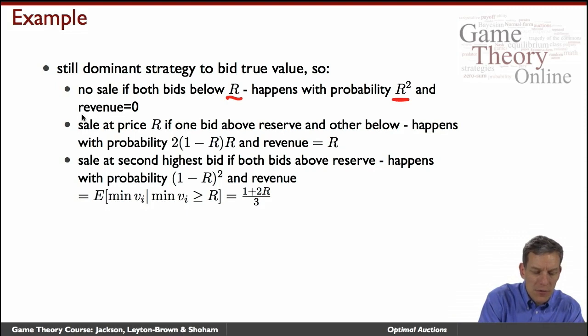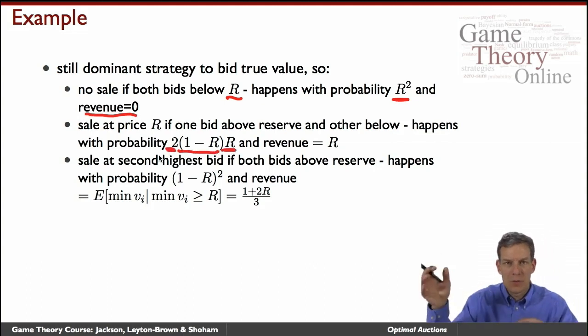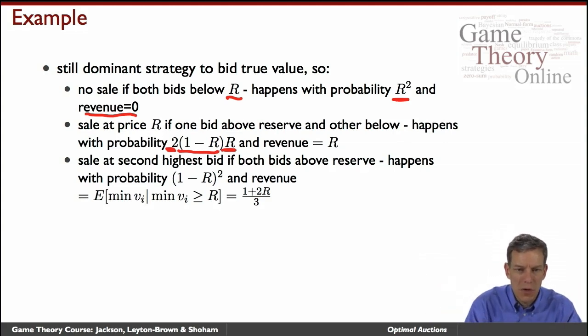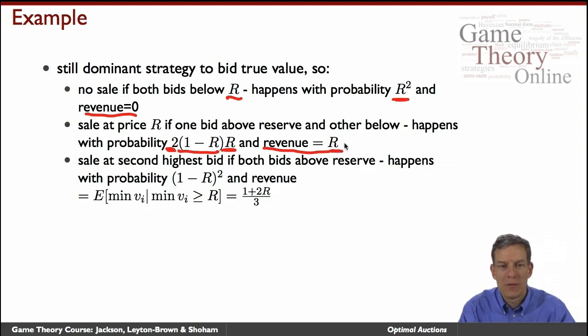In that case, the revenue is 0. The chance that one's above and one below, well, the chance that one's above is 1 minus R, the other one's below is R, and it could happen in two different ways in terms of which bidder is above and which bidder is below. In that case, the second highest price is the reserve price, that's the revenue.